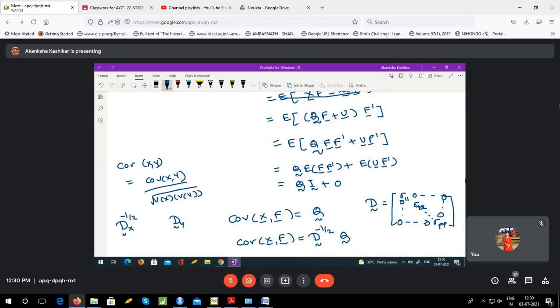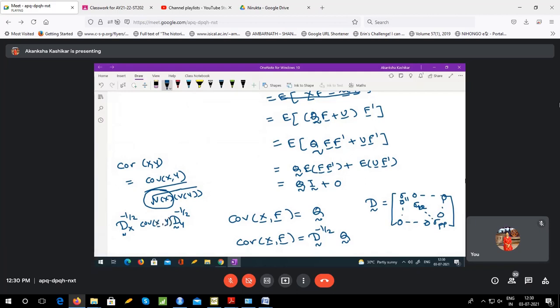Then Dx raised to minus half would do the role of square root of variance of x in the denominator. Similarly, Dy raised to minus half would do the role of square root of variance of y in the denominator. And in between, I will have the covariance, whatever is the covariance matrix between x, y.